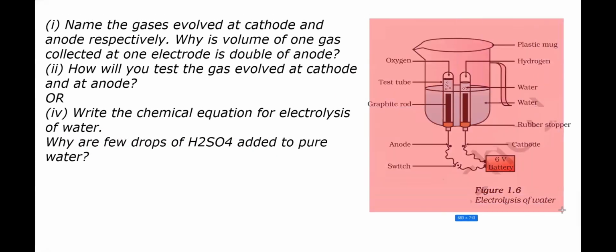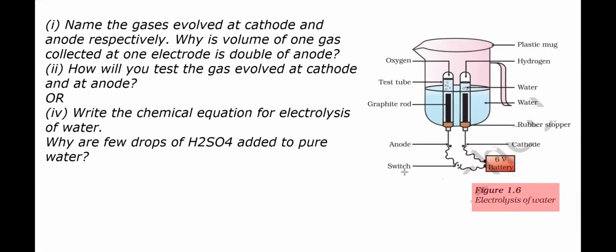This question is based on electrolysis of water. The question is to name the gases evolved at the cathode and anode. What you should know is that the cathode is the carbon rod, in this case, which is connected with the negative terminal of the battery.